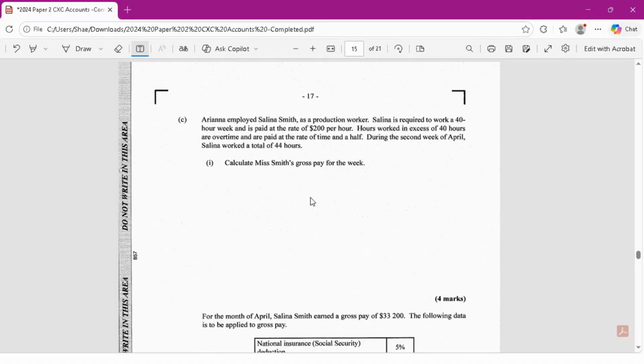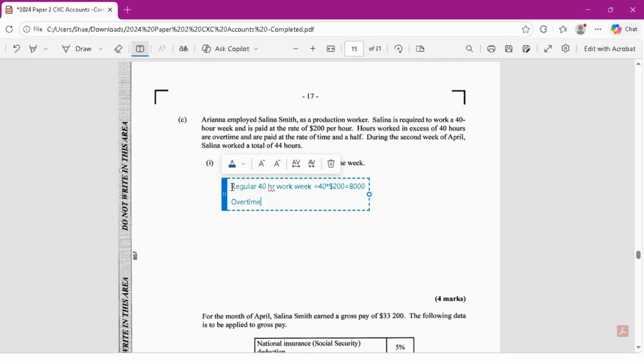So first we calculate the regular 40-hour work week, which is equal to 40 multiplied by the $200, which is the rate per hour, which is equal to $8,000. Then her overtime is the excess hours, which is 4 hours.